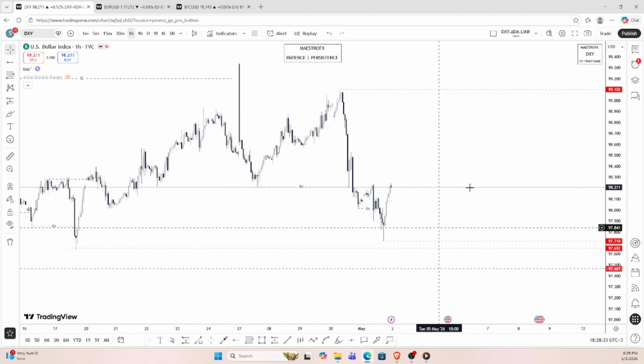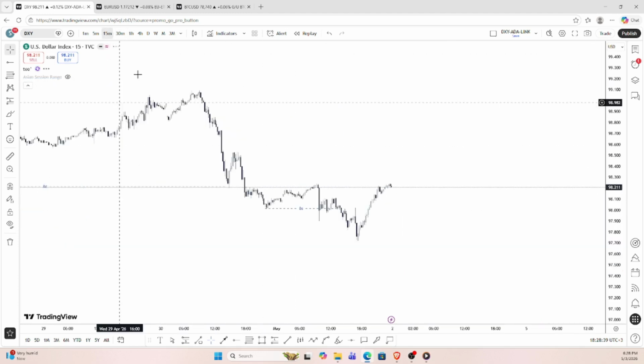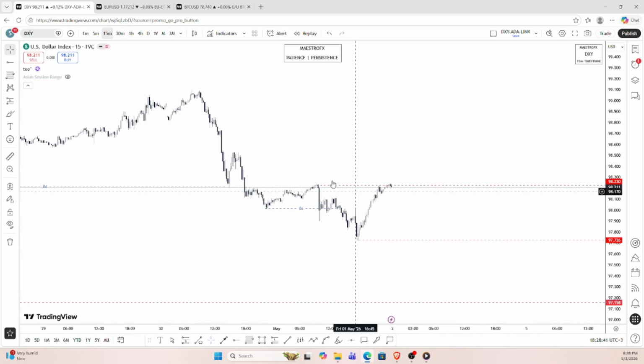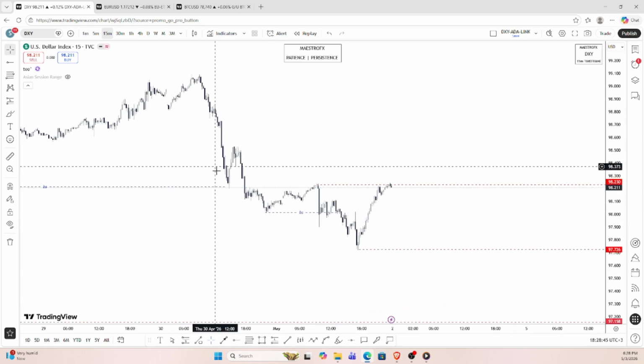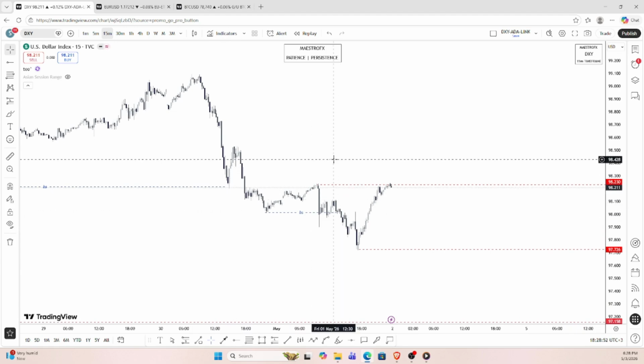And I think for us to clearly see what the dollar is doing, we can catch a glimpse of what is happening on the 15 minutes time frame. I don't really advise for this, especially at these times.